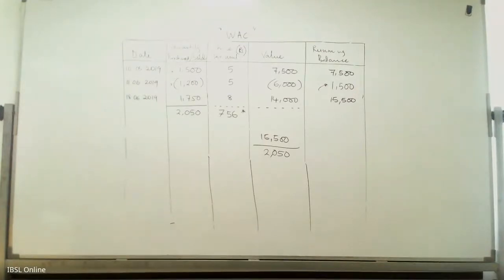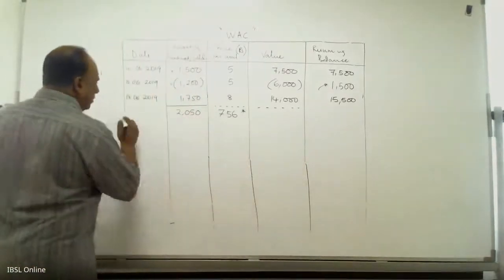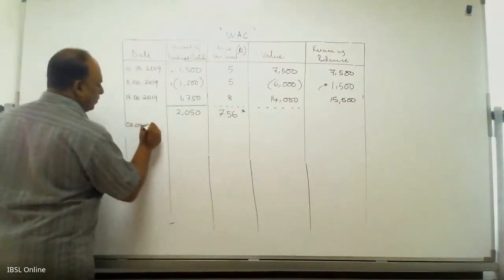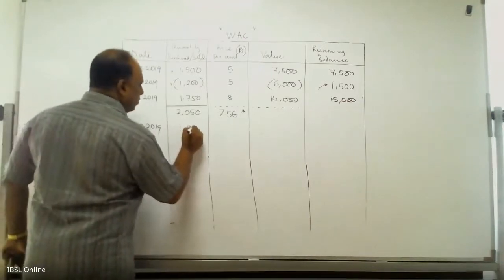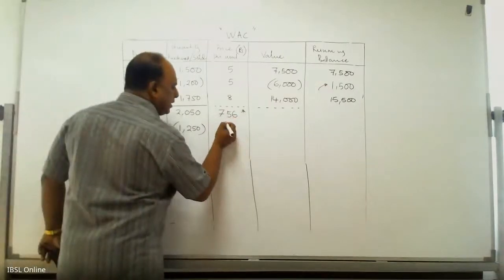So now, going by the question, on 2nd of July, 2019, I need to issue 1,250. And that will be at this average price.